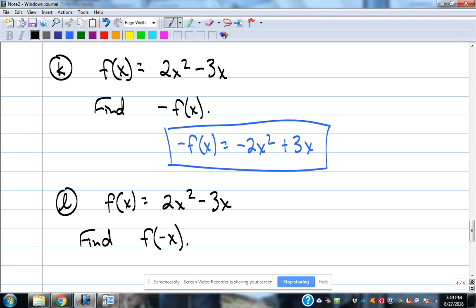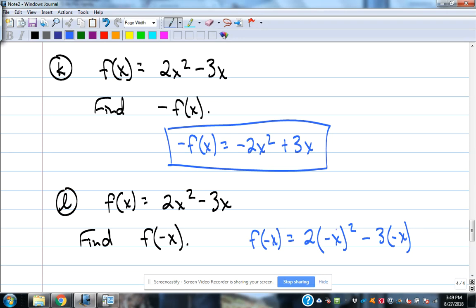They can throw that in there and kind of mess this up a little bit. So f of negative x means what? Yeah, replace every x with a negative x. So that's 2 parentheses negative x squared minus 3 parentheses negative x. And then just work that out.